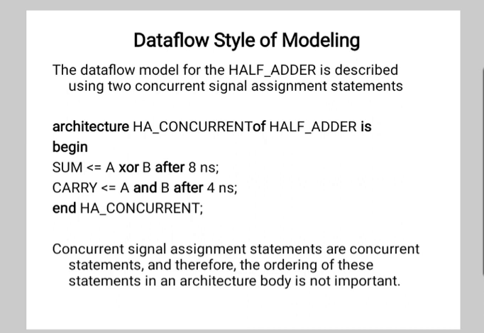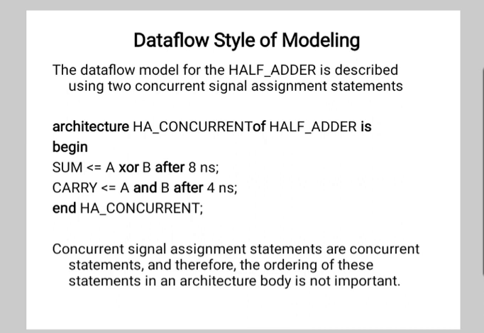So in this modeling, the flow of data through the entity is expressed using concurrent signal assignments. That is, it has a set of concurrent assignment statements. Each statement is executed when any of its input signals changes its value. This modeling needs a Boolean equation as the design specification.